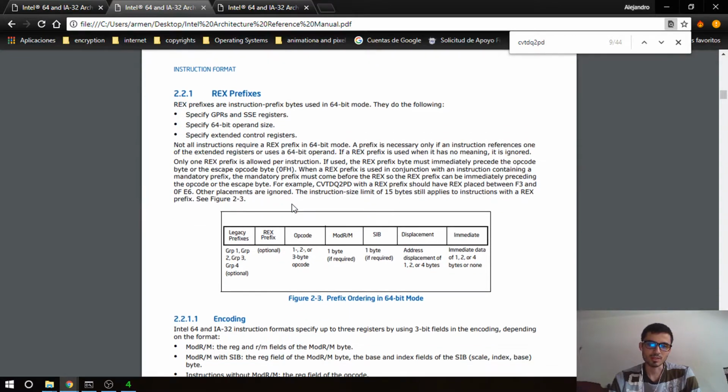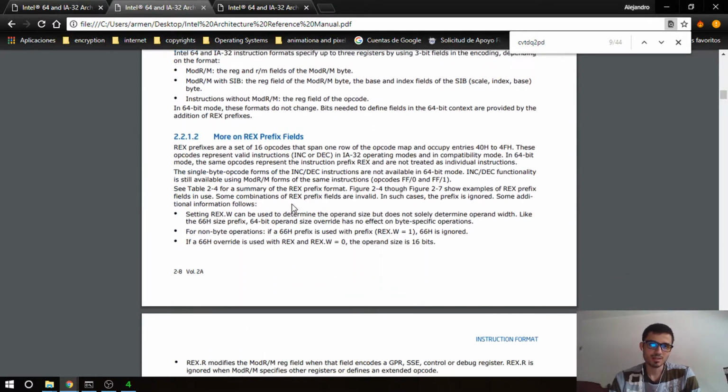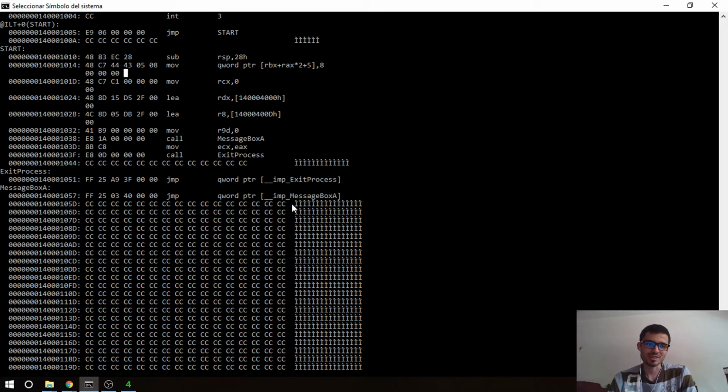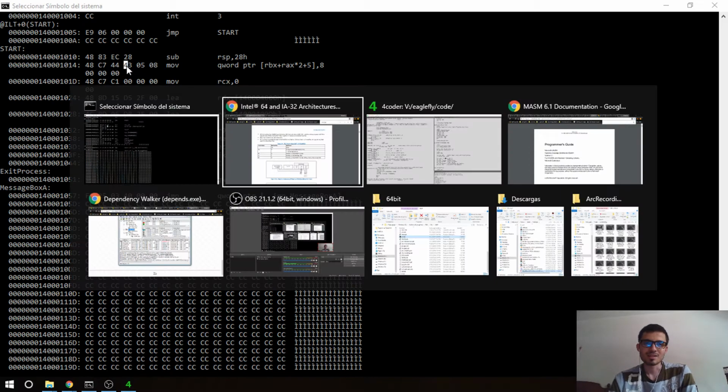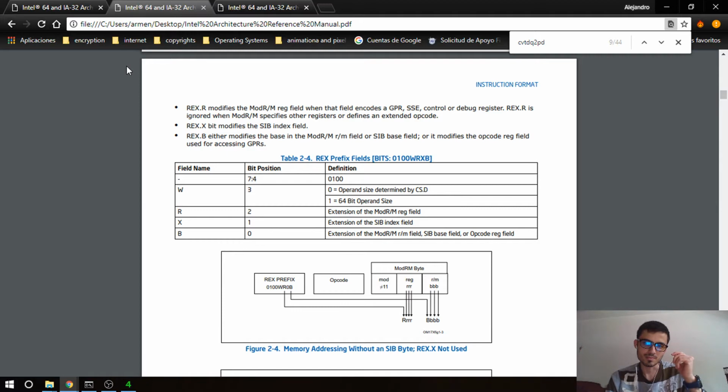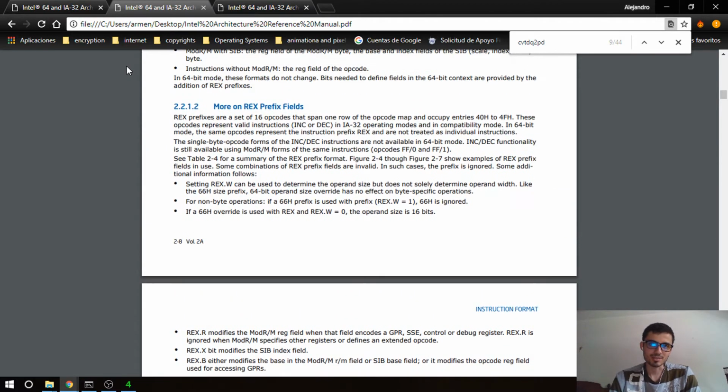So we have to take a look at REX prefixes and stuff like that, because the REX prefix is going to change the ModRM and the way we see that. So we have to be careful about that. Probably the imaginary decoding thing that we did here is not totally right, and the reason is because of REX prefixes. But it doesn't matter. We are going to look at that on the next stream.